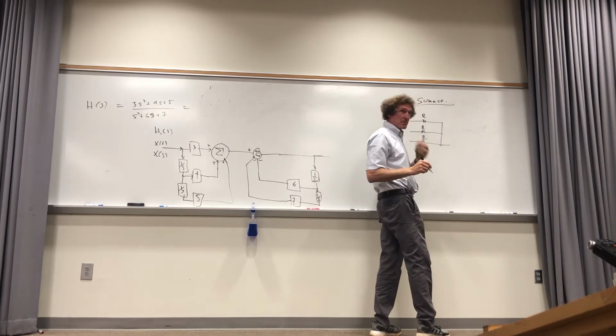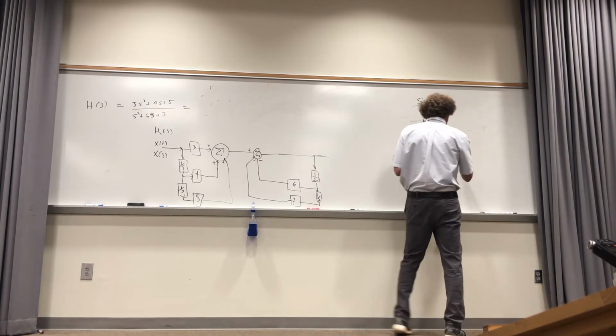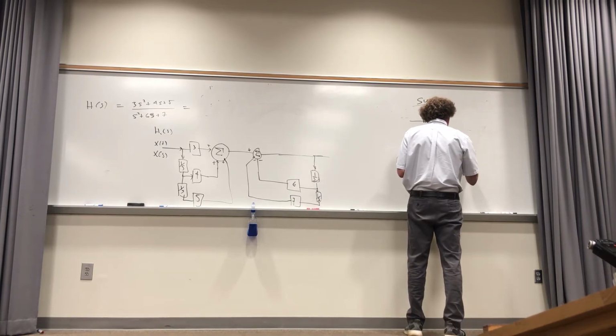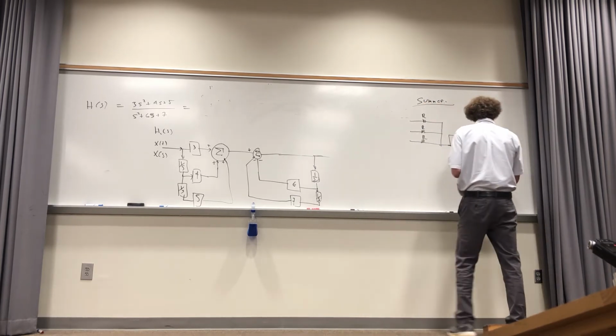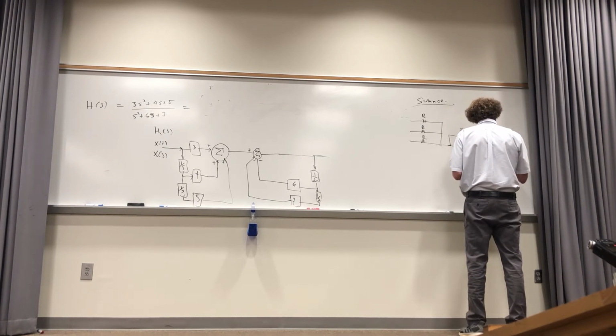All right. Those are going to go to the negative terminal of the op-amp, ground the positive. Another value R here. Then you're going to have what's really just an inverter.